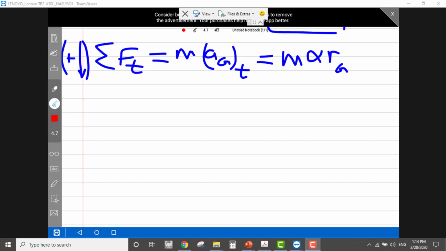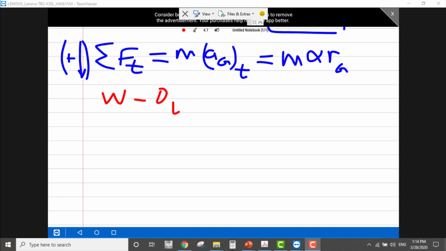So W in the positive downward direction, minus OT upward, equals M alpha RG. Regarding the weight, it's mentioned in the problem statement that we have a cylinder rod of 15 kilograms.